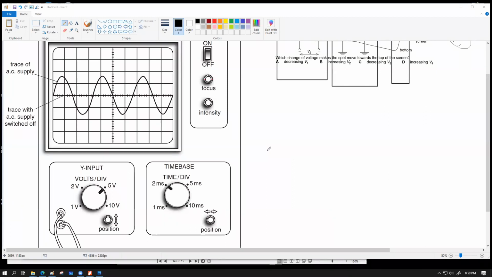Sir, 1 second? 20 milliseconds. 1 second per division. No sir, I don't think it's the whole 1 second. I need you to tell me how much the time base is, which should come to some amount of time per division.